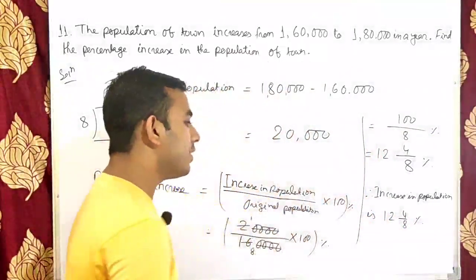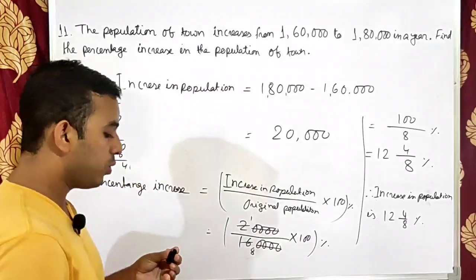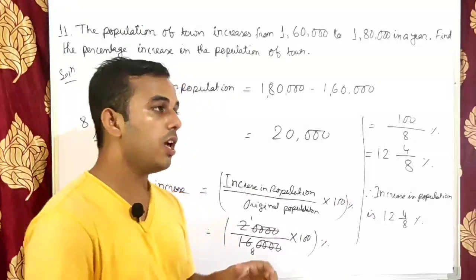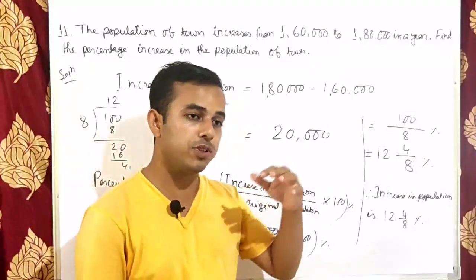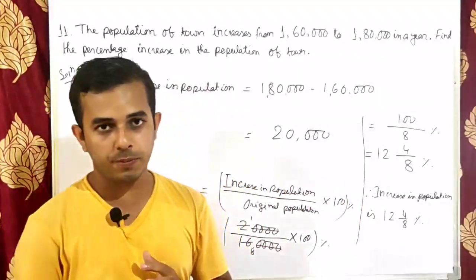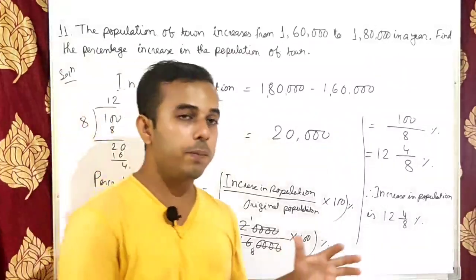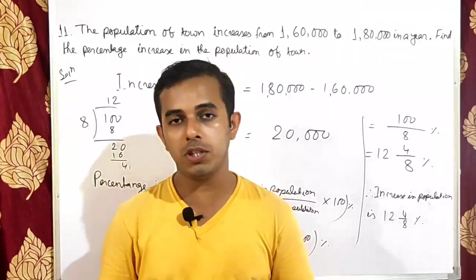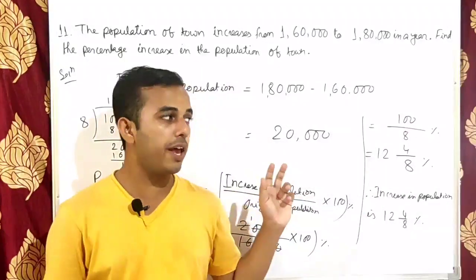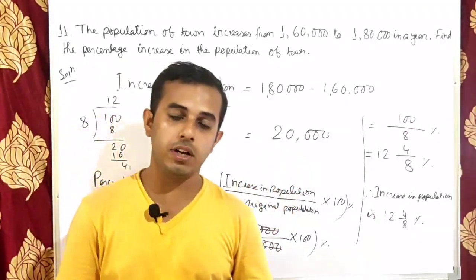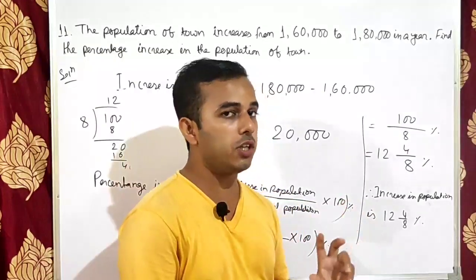So how did we find this percentage? First we have to know how much the population increased. So we have to know what the population was last year and what the present population is. If we subtract the population of last year from the present population, we can easily find how much the population increased. Here it is 20,000. Now we have to convert it into percentage.